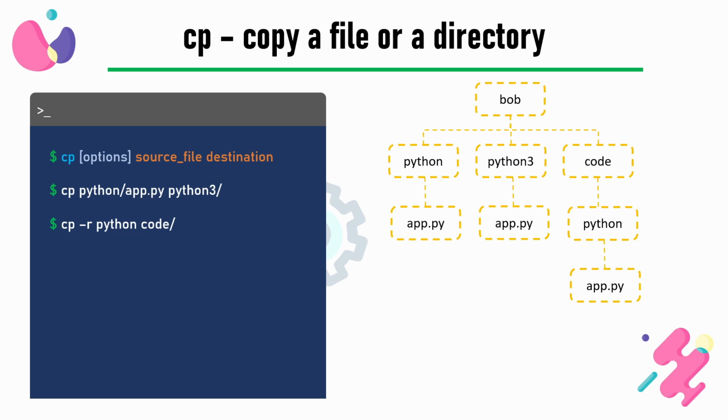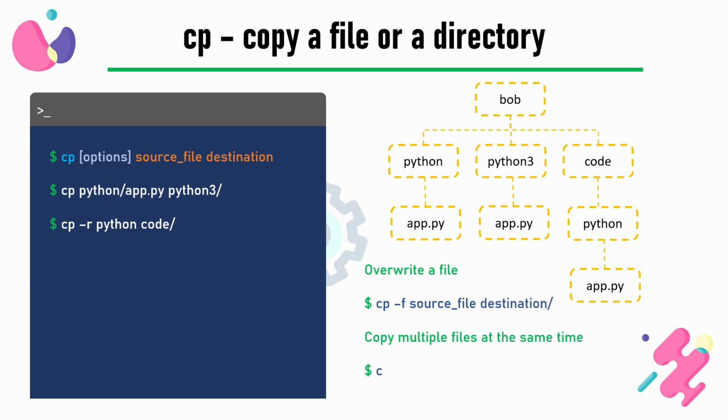And like the mv command, if a file with the same name already exists in the new location, here you have to run the cp command with the -f option. And you can copy multiple files at the same time by providing multiple file names to the same cp command.